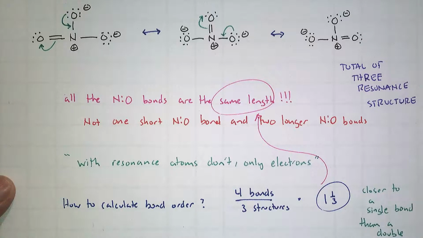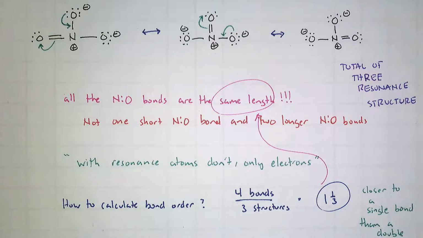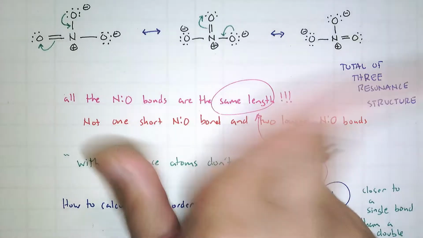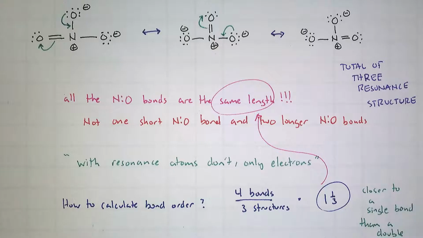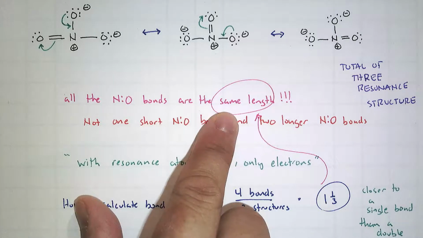So I don't know the normal bond length of a nitrogen-oxygen single bond or a double bond, but if I did, I could take that single bond length and multiply it by 1.333 to get the bond length of all of those nitrogen-oxygen bonds.